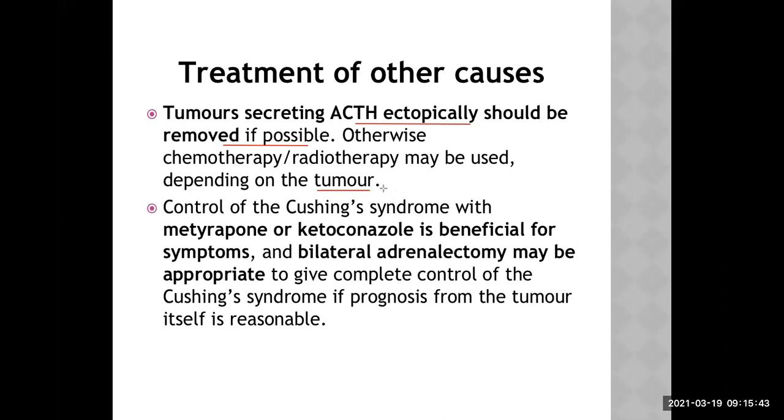Probably by the time this paraneoplastic syndrome is diagnosed, the tumor has already metastasized, but we can still go for this type of treatment. Control of the Cushing syndrome with metirapone or ketoconazole is beneficial for symptoms, and bilateral adrenalectomy may be appropriate to give complete control of the Cushing syndrome. The prognosis from the tumor itself is reasonable.